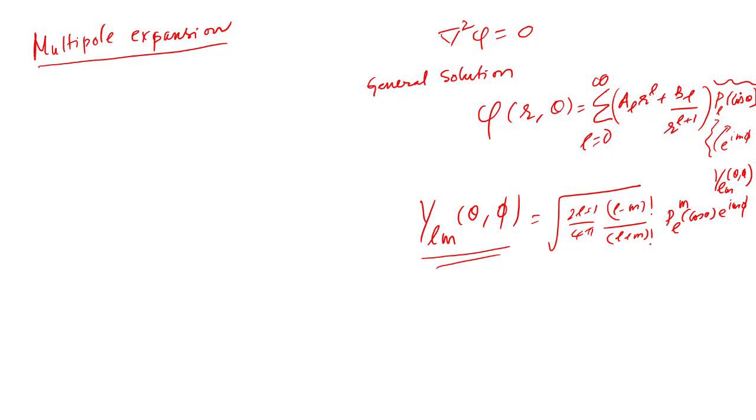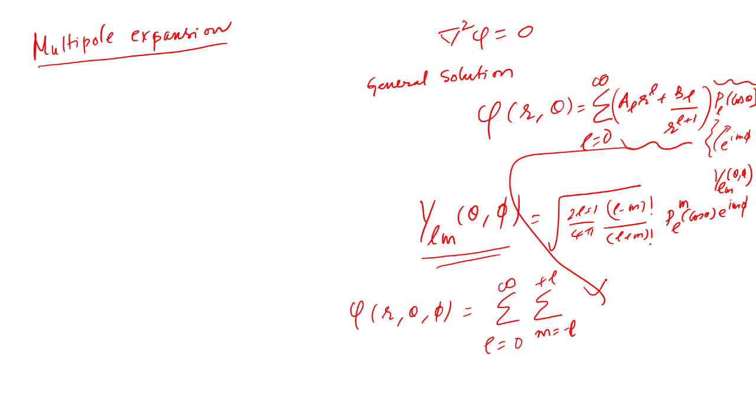So if you have phi of r theta phi, then you would have in general L equal to 0 to infinity and m equal to minus L to plus L, then this entire r term comes here, right?